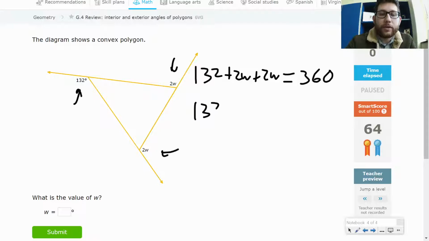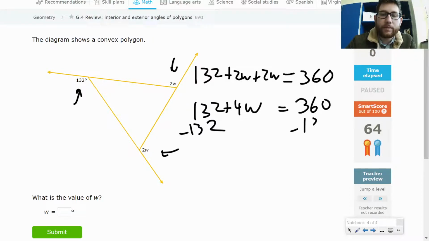I've got 132 plus 4w. Notice how I've got 2w and 2w, so how many w's do I have total? I've got 4. I'm going to subtract 132 from both sides. So I get 4w is equal to 228.